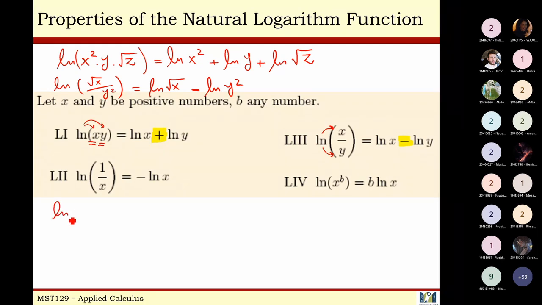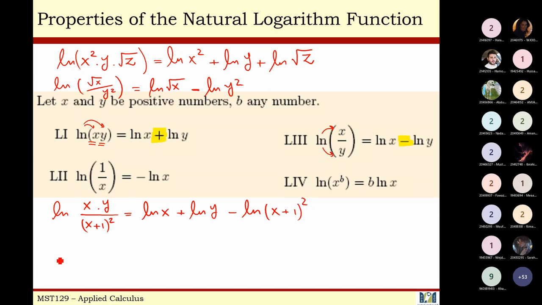If we have ln of x multiply y over x plus 1 all square, we can distribute like this, ln x plus ln y, and if we distribute the ln on the denominator, put it negative ln x plus 1 all square, like this, okay?